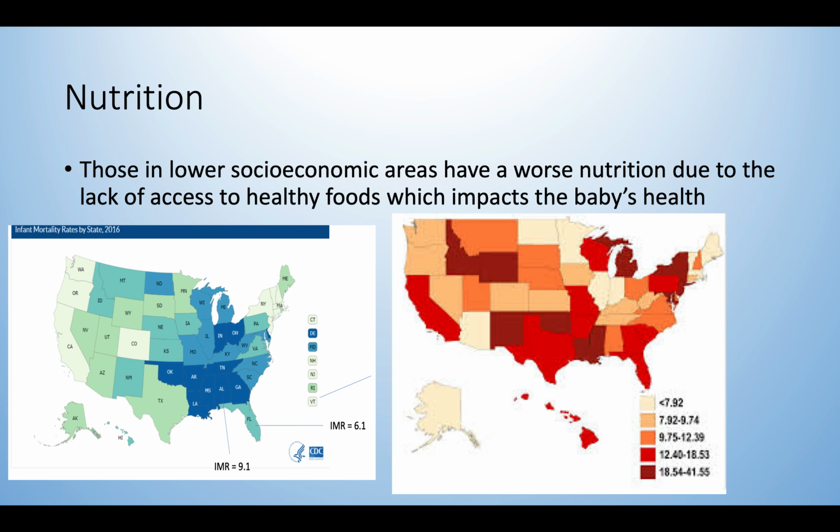And as you can see in the South, the grocery stores are farther apart because of the darker color. It's about 18 to 41 miles to the closest grocery store. And this directly correlates with the graph on the left of the United States showing the infant mortality rate. So you can assume that the lower access to nutritional food really does impact the infant mortality rate.